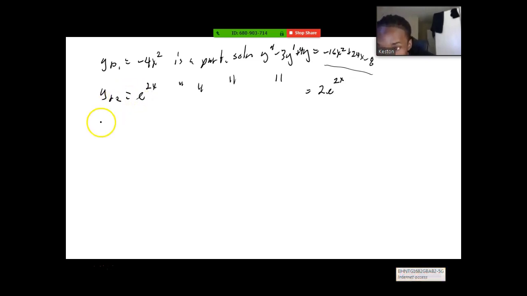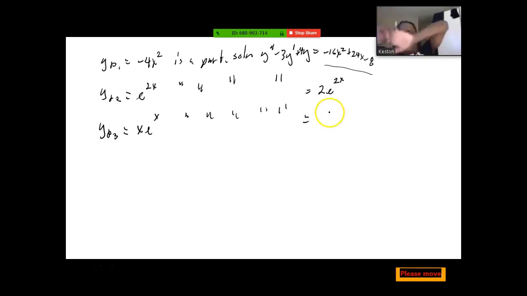We have another one, y sub p sub 3, and this is x e to the x. And that's a particular solution of the same left-hand side, but this time it's equal to 2x e to the x minus e to the x.